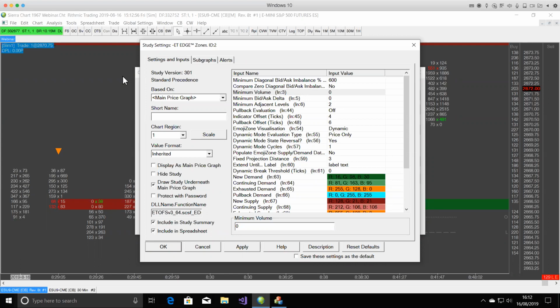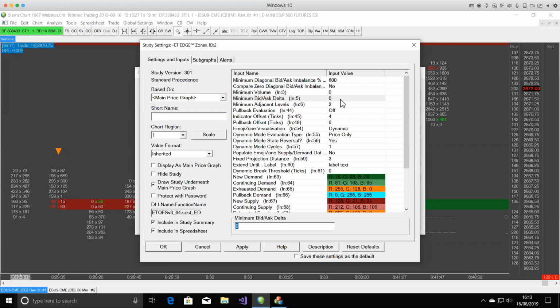imbalance? Then minimum bid-ask delta is a similar input, but rather than considering the actual volume on the imbalance side, we're looking at the diagonal delta. So here's 68 minus 1. That would be a diagonal delta of 67. So if I want there to be at least 100 more contracts which were sold and bought, or bought and sold, I would set that value in minimum bid-ask delta.